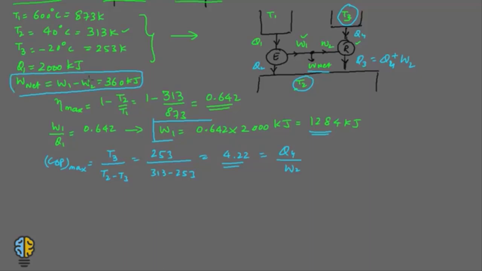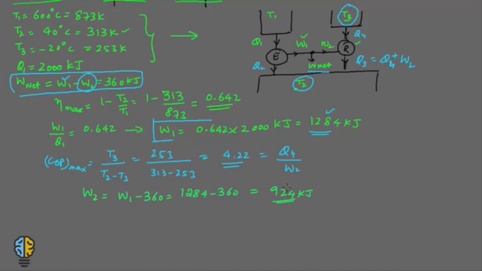And out of this relationship, I can find out W2 because I know W1, that is 1284. So W2 is equal to W1 minus 360, which is 1284 minus 360, and the answer for W2 would be 924 kilojoules.